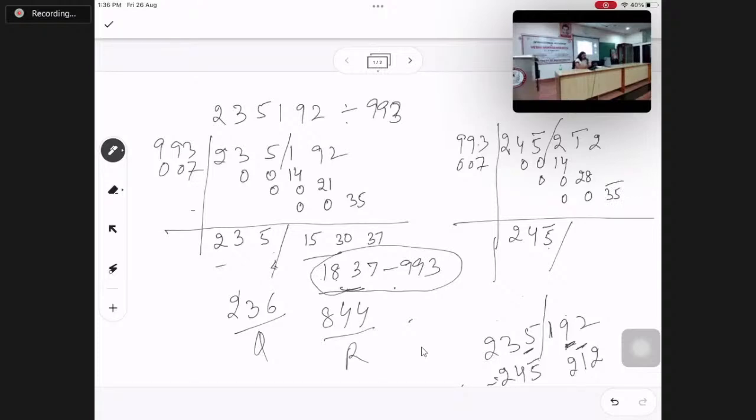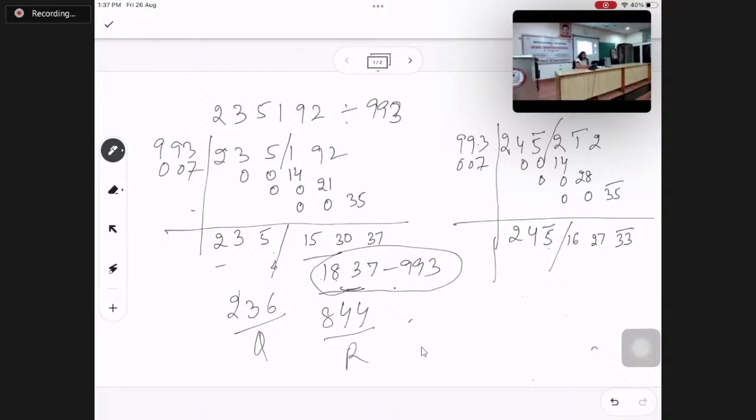Now add 35 bar plus 2, meaning minus 35 plus 2 is 33 bar. Next is 28 minus 1 is 27. Next is 14 plus 2 is 16.